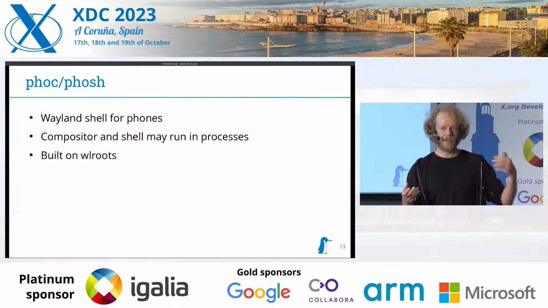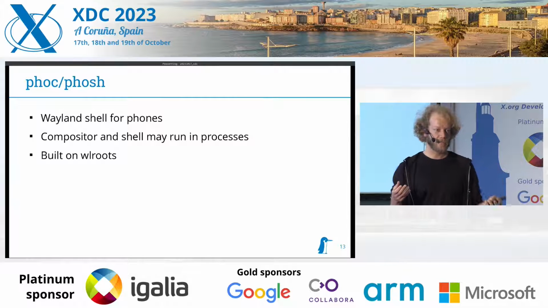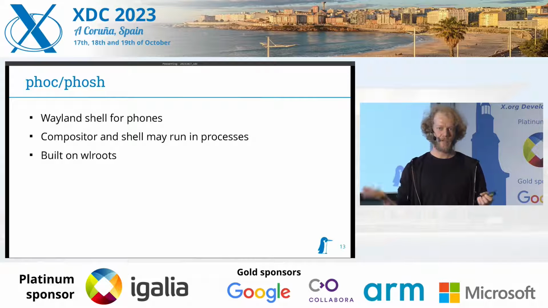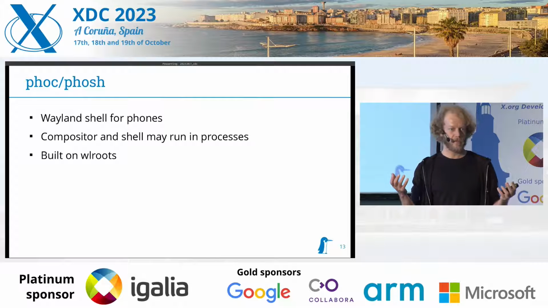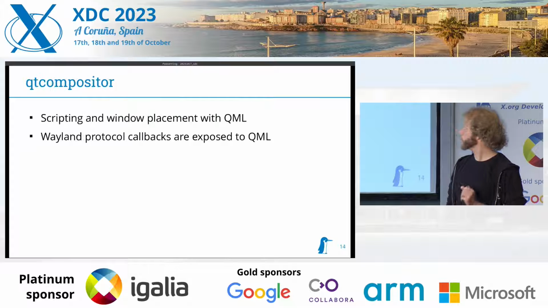So the thing that you modify for getting your custom behavior there is not the same process as the compositor. So if you crash in your UI, your compositor is probably not affected by that. So you have some kind of separation between the compositor and the shell.